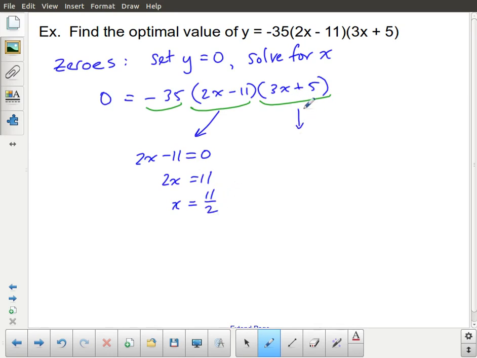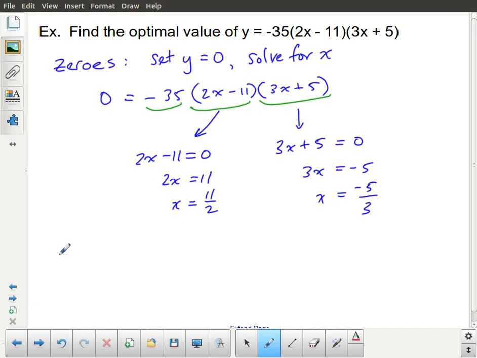And we do the same thing here. 3x plus 5 can also be equal to 0 for a very specific value of x. So that's when 3x is equal to negative 5, or x is equal to negative 5 over 3. So now I have found the location of my two zeros.